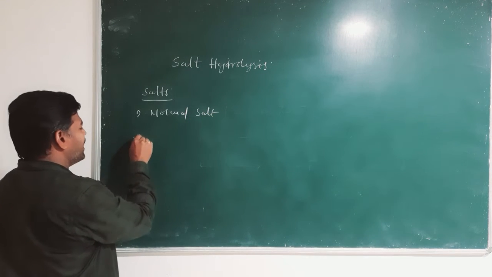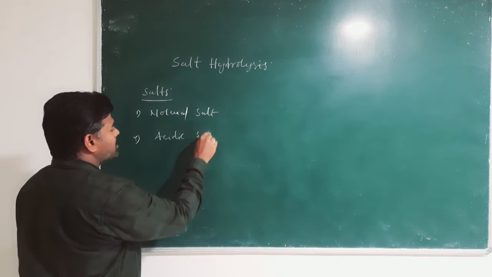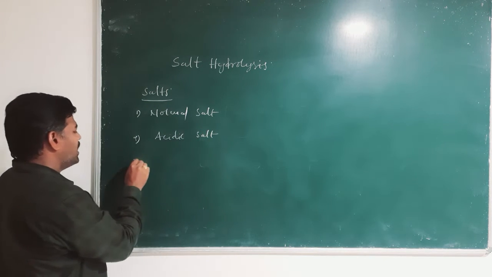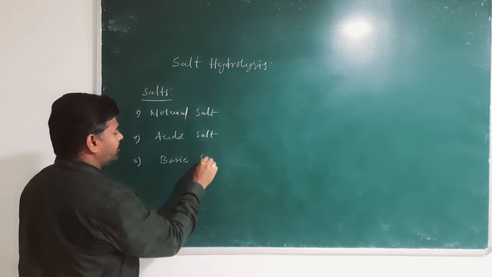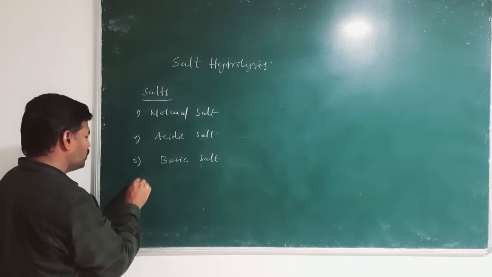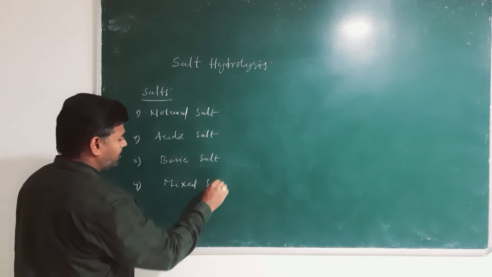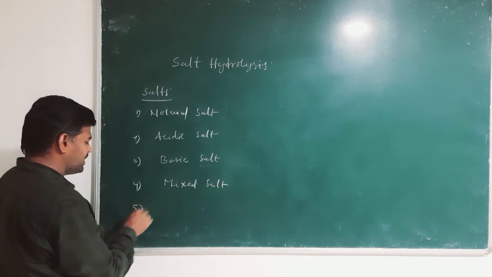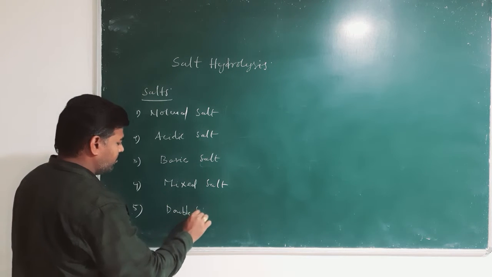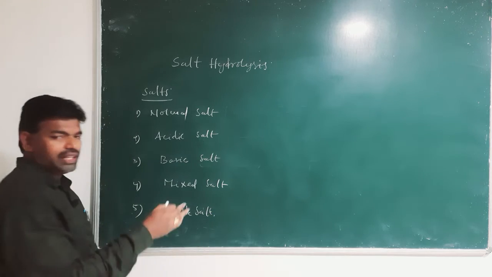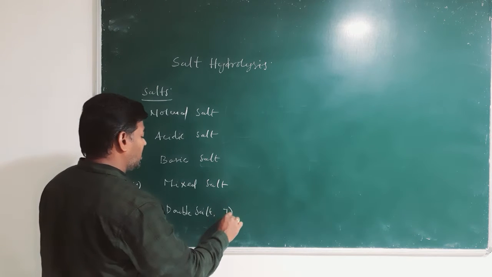The second one is acidic salt, the third one is basic salt, the fourth one is mixed salt, and the fifth one is double salt. And of course there is another type of salt, that is a complex salt.